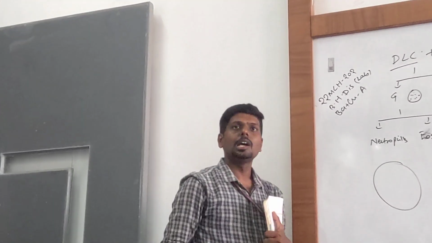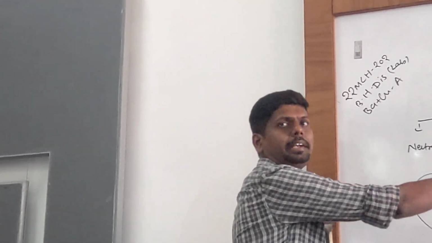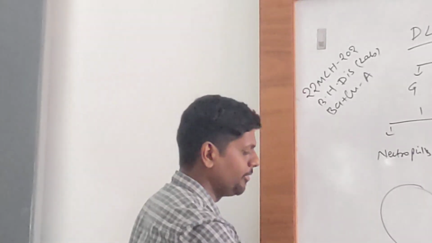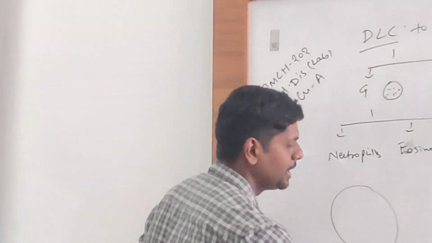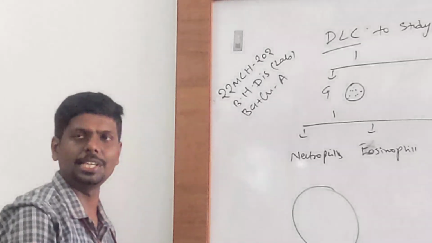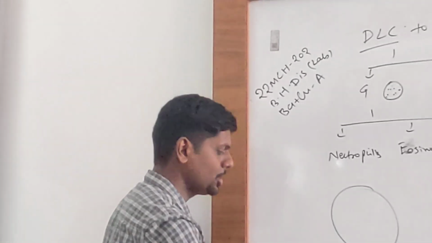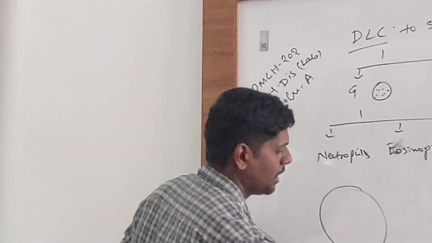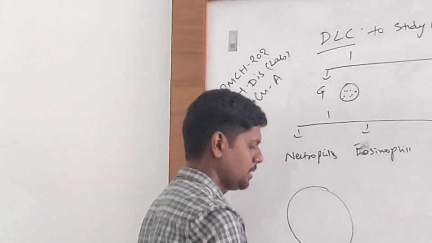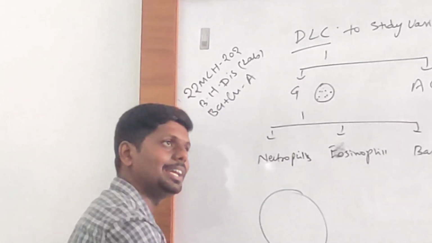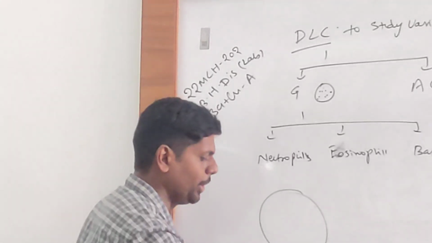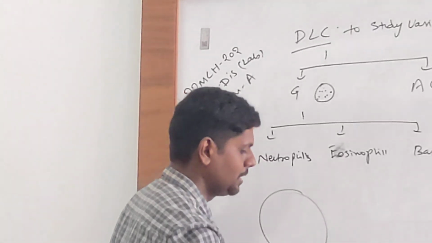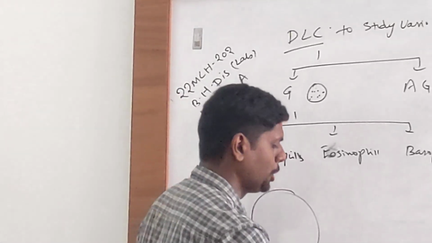So first of all, we already know the percentage of each cell, right? What is the mnemonic for this? Never let monkey eat banana. What are the percentages? 60%, 40, 20, 8. No, not 20, sorry. 1 to 8, then 8 to 4 to 8, then 0 to 1.